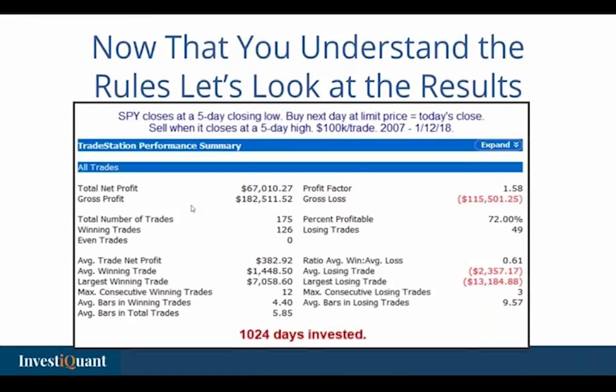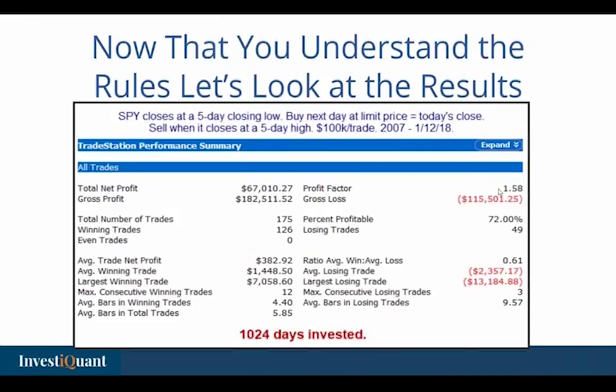Profit factor is something that I should talk about here a little bit. What profit factor is, it's the gross profit, in this case $182,000, divided by the gross loss, in this case $115,000. So that comes to 1.58. Profit factor is a way that system traders will often compare systems.